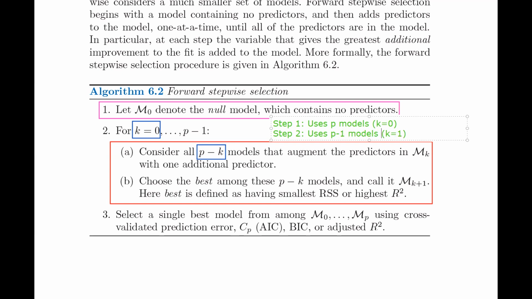Can't really say I'm following. Which predictor variables are we using now? That augment the predictors. So this would be M_1 with one additional predictor.